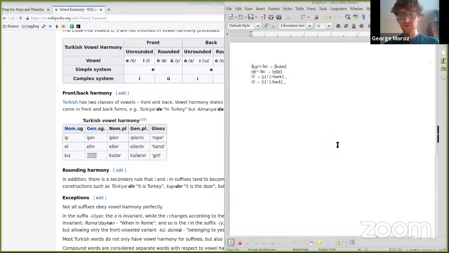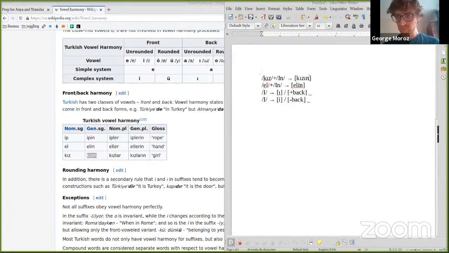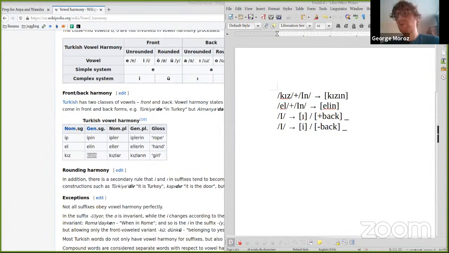So this could be one phonological description that is widely spread now. In most cases, you will describe it this way. You have some new unit that is unspecified for some features, and then it somehow gets the features from the root.